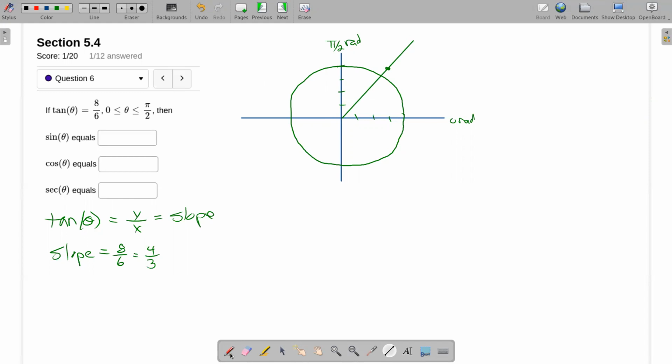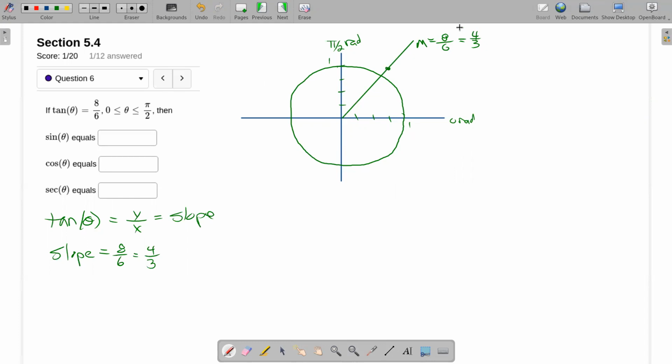So I just did my best line, m equals 8/6, or 4/3. And I want to be in a unit circle. I like unit circles best. So I'm going to put a 1 there and there. So that's my line right there.